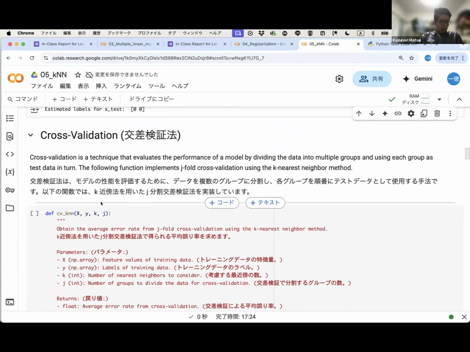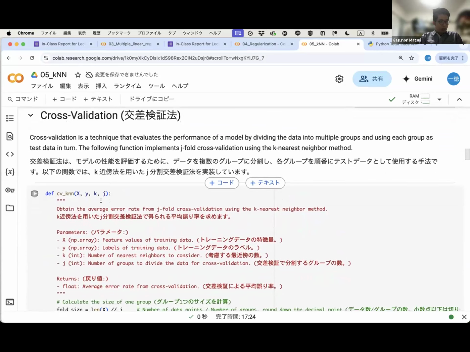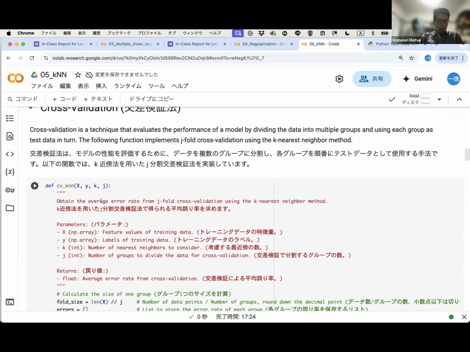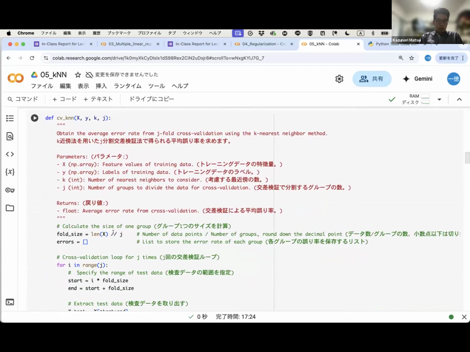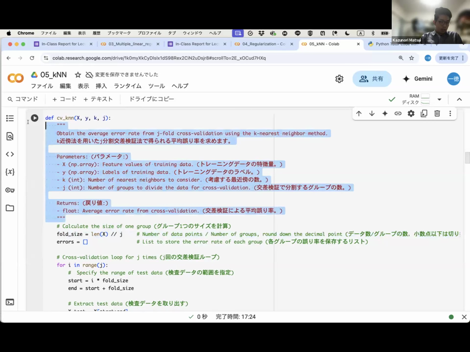Okay, let's move on to cross validation. Cross validation involves dividing data into groups, performing training and testing with different parameters on each group, and examining the error rate. In the first part, please ignore the comment.